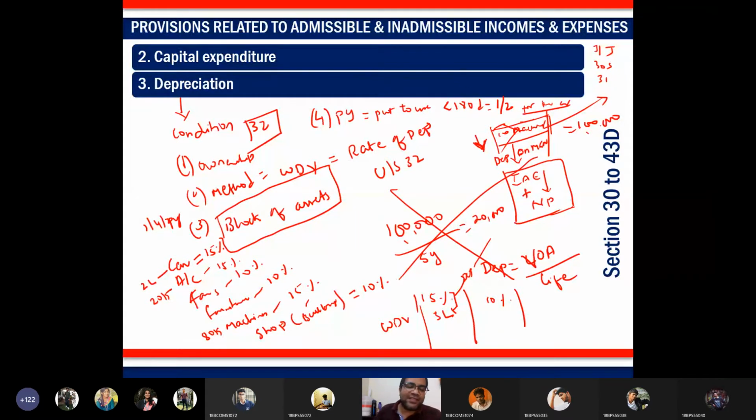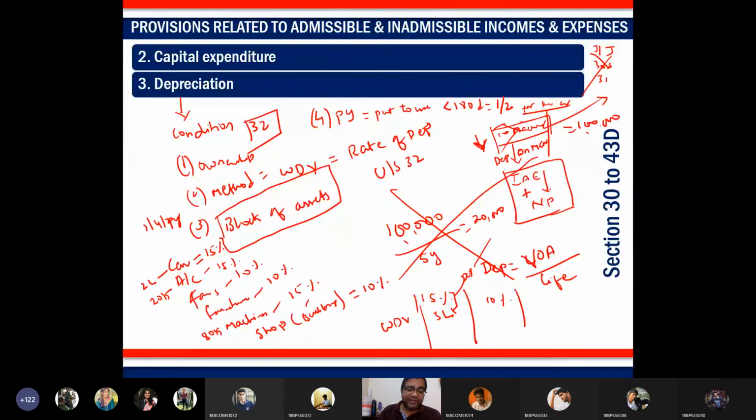Instead of totaling the days, just remember Gandhi Jayanti, 2nd October. If the asset is purchased after Gandhi Jayanti, it is less than 180 days. If the asset is purchased on or before Gandhi Jayanti, it is more than 180 days. That's the trick to figure out more than 180 days or less than 180 days. These are some of the important provisions pertaining to charging of depreciation.